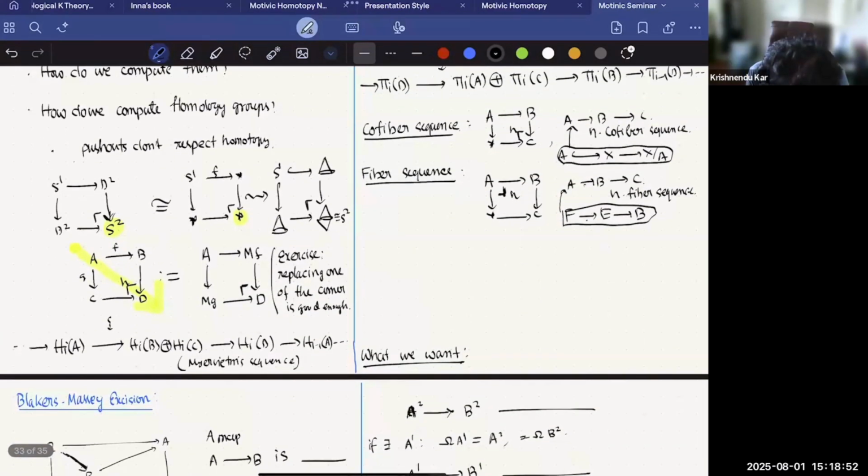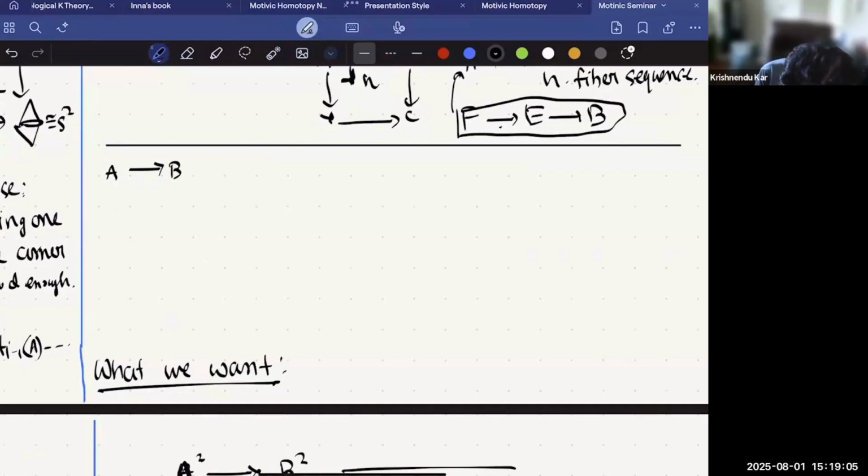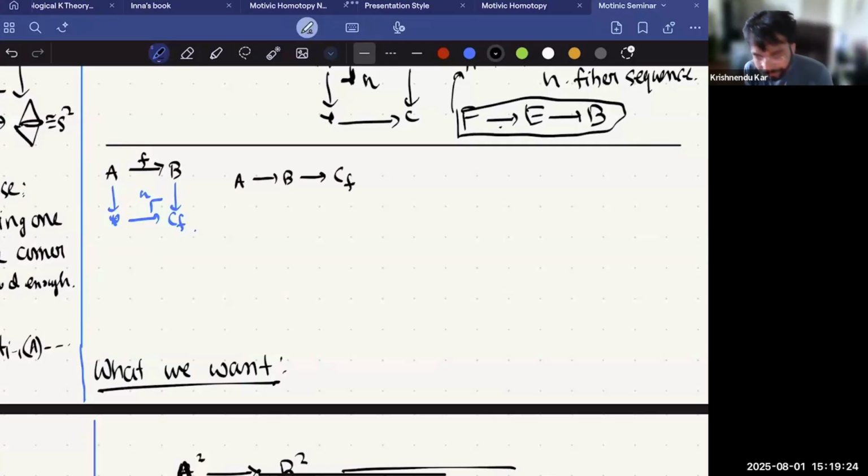If we start with a map A to B, F, I can always extend it by taking its homotopy pushout. Call this CF. So A, B, CF, that's your cofiber sequence. And I can keep doing it.